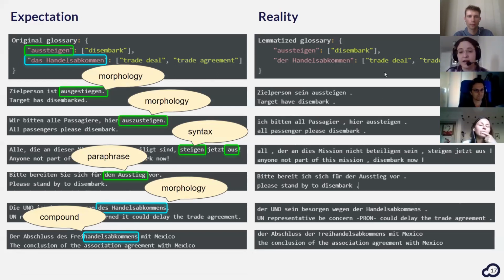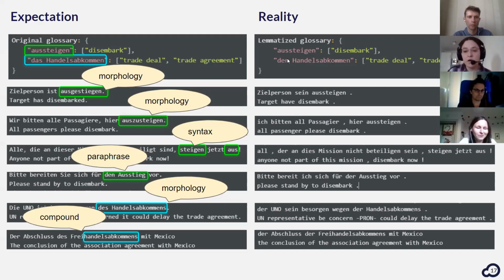So on the right-hand side, I have the lemmatized forms of all of this, the glossary and the source and target sentences as well. You can see, for example, the original noun here was das Handelsabkommen, but here I've lemmatized it to der and Handelsabkommen, because this word here is the definite article, and the way the lemmatizer works, it converts it into just this form for the definite article.